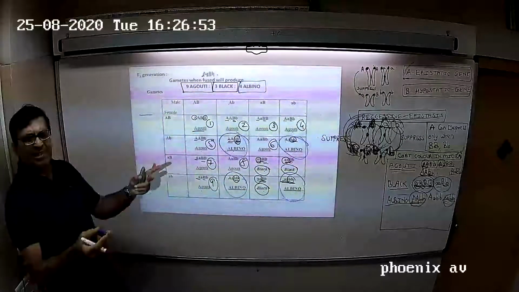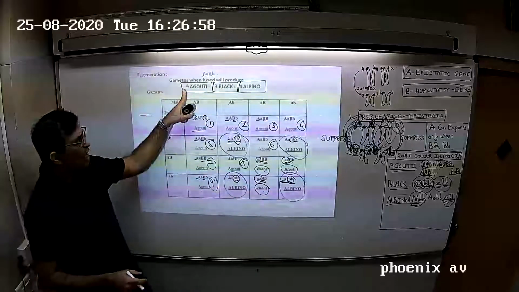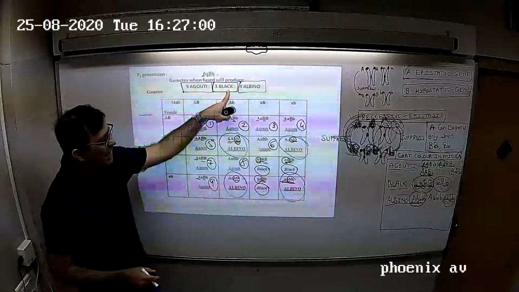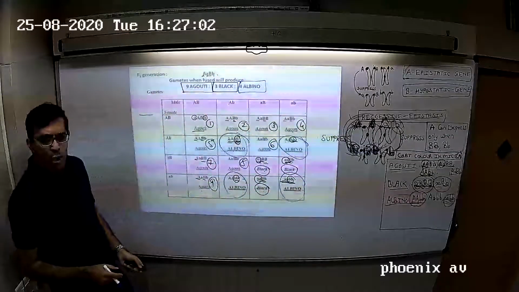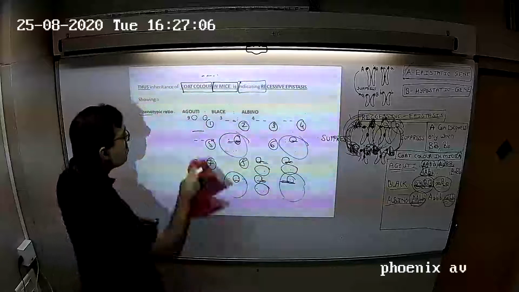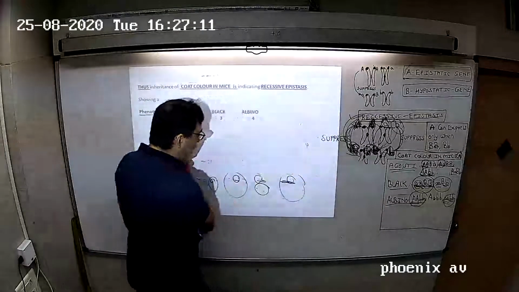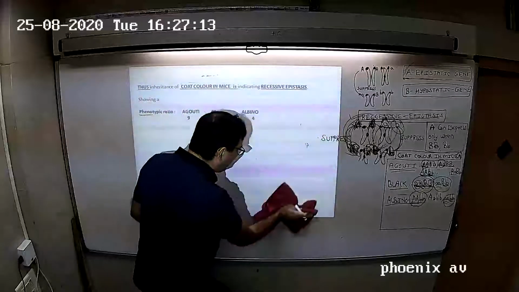So, once again, what does the F2 phenotypic ratio show? 9 agouti, 3 black, 4 albinos. And what will you remember for the NEET exam? Do you remember the concept which I taught you in the beginning?